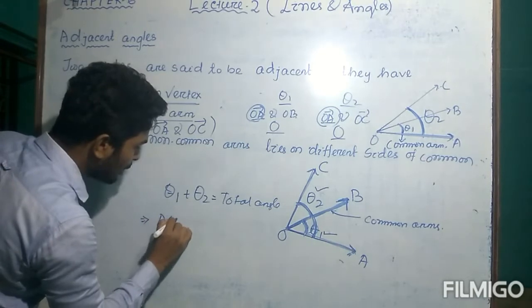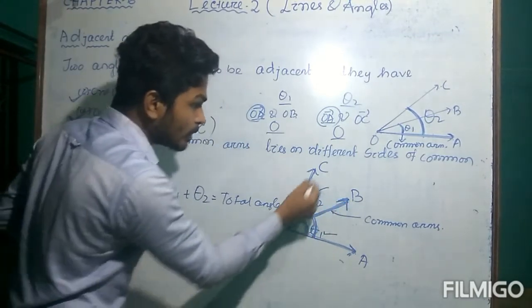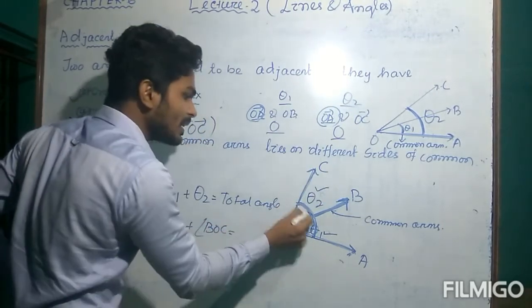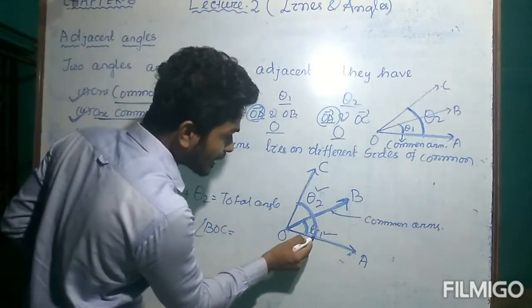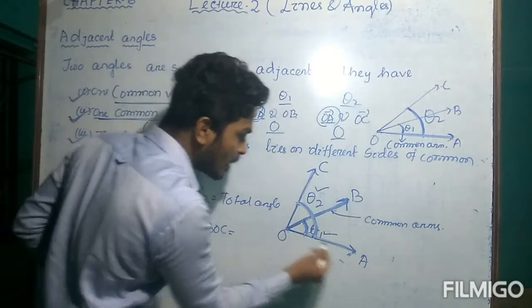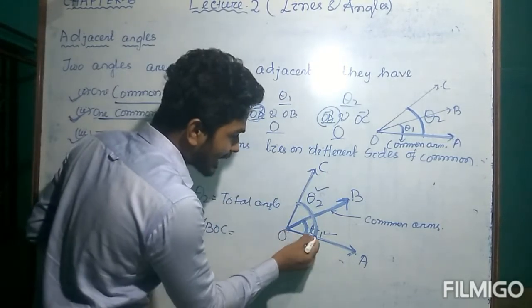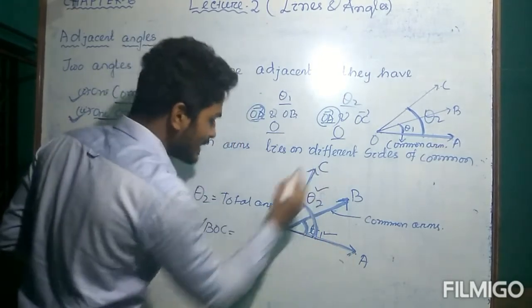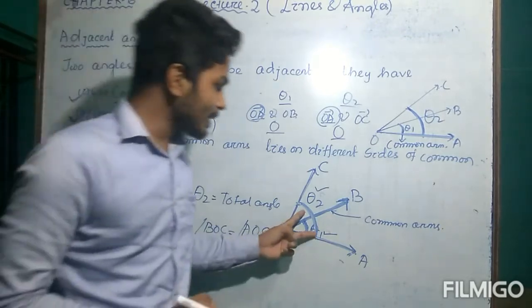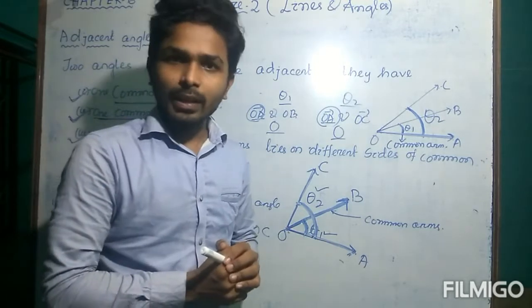So AOB plus theta 2, this is theta 2, BOC. These two angles are added to give the total angle. So what is the name of the total angle? This is the total angle. For this total angle, the arms are OA and OC. So you can write this angle as AOC. Understood? So these two angles are combined to give the value of the total angle.